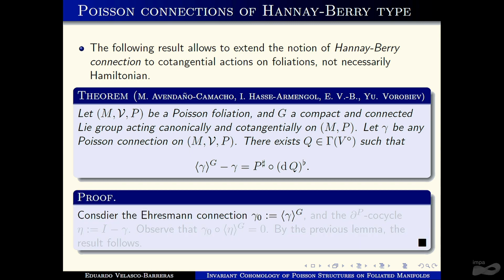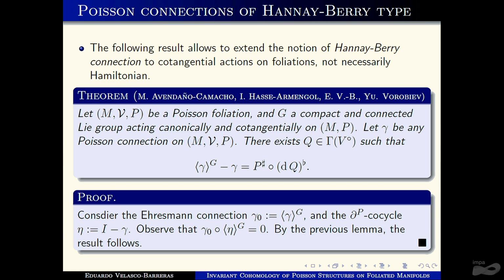And in this proof, we just need to consider the G-average of the Poisson connection as gamma 0, and the cocycle is the one induced by the Poisson connection. So here, trivially, this composition is 0, and by the previous result, we get the proof immediately.